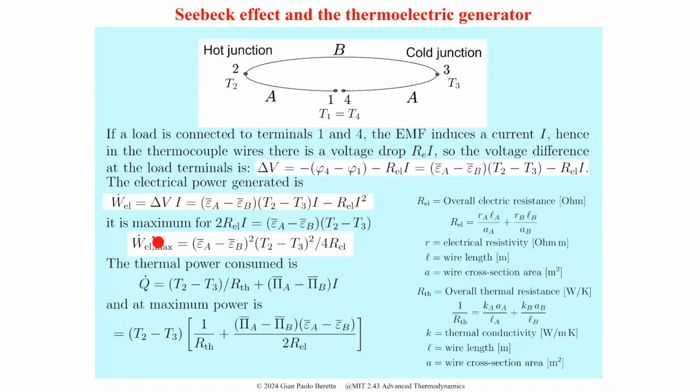And so the maximum power is just take the derivative of this with respect to I and set it equal to 0. That gives you this value for the electric current. And you substitute in there, and you get the maximum power, which goes, you see, as the square of the difference between the Seebeck coefficients of your two materials, these material pairs.